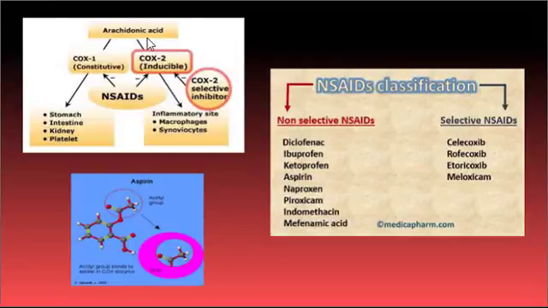So here we have that picture again with the arachidonic acid, which leads to the prostaglandin release, and the COX-1 and COX-2. This is where NSAIDs, non-steroidal anti-inflammatory drugs, come in. They are not steroids. They are not corticosteroids, but they are anti-inflammatories.